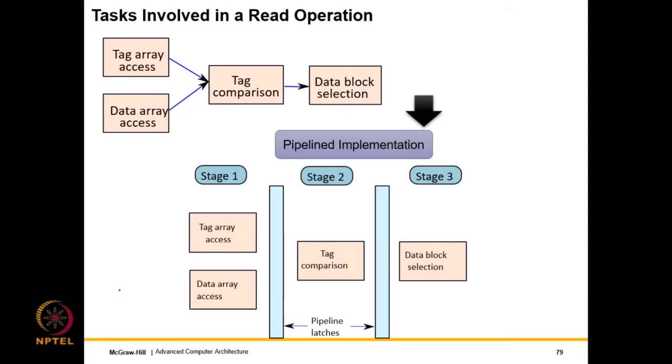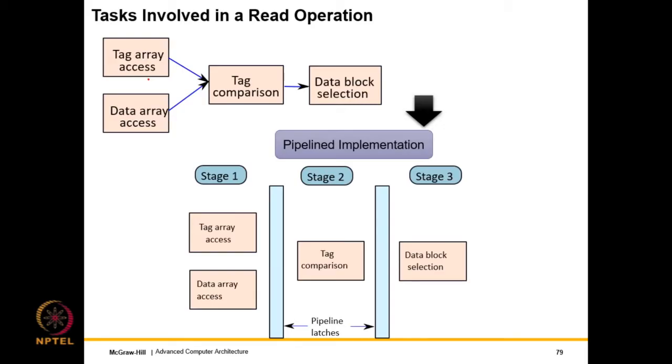So let us look at a simple idea of how to pipeline. Look at the tasks that are involved in a read operation. In a read operation, what happens? We have a parallel tag and data array access.